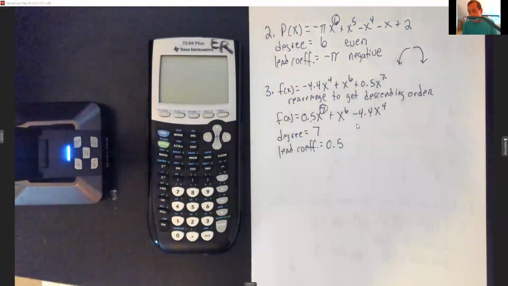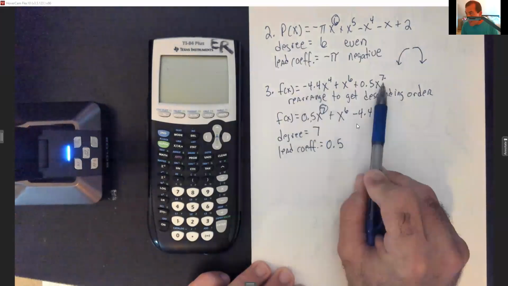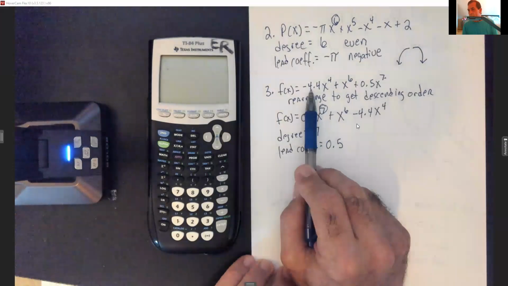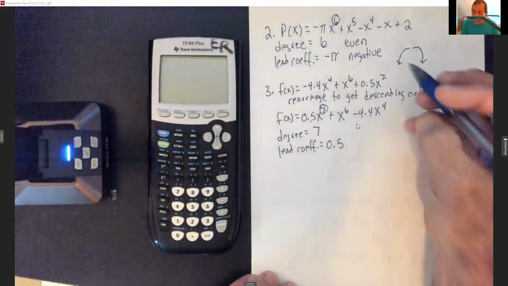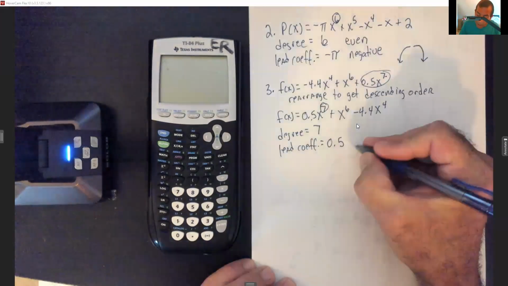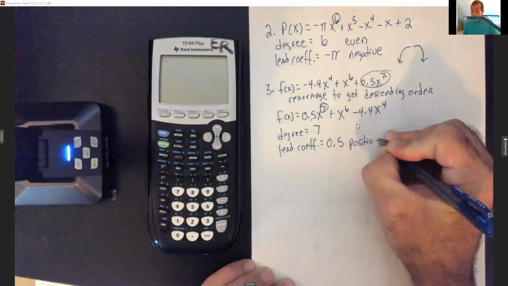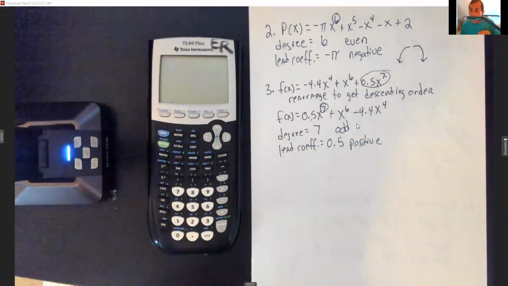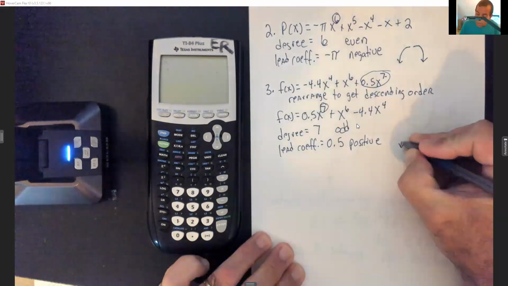But y'all, a lot of times when they're out of order like this, y'all get the right degree, but then people will put negative 4.4 for the lead coefficient because it's first. But remember, lead coefficient is always the number in front of that term that has your degree. All right, now 0.5 is positive, and then we said the degree 7 was odd. So for odd degree and a positive lead coefficient, it should look like it's going uphill, left to right.